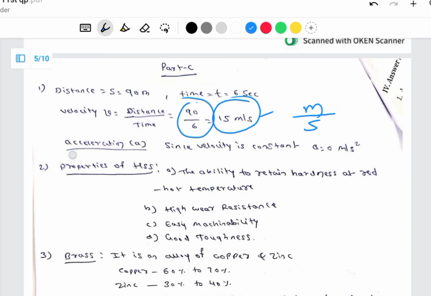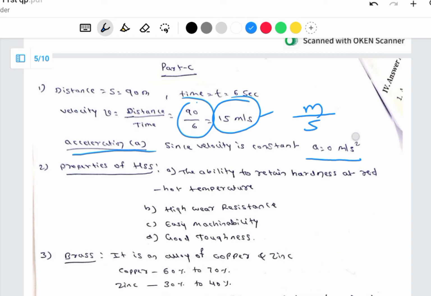This is the velocity, and for the acceleration, since the velocity is constant, there is no change in the velocity, so the acceleration is 0 meter per second square. Whenever there is a change in the velocity, you can measure the acceleration.